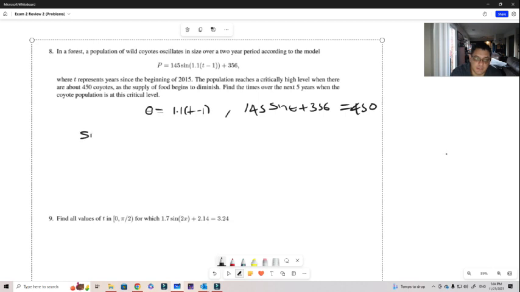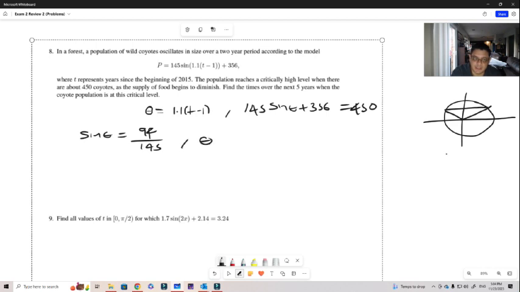If we solve for the sine of theta, we have 450 minus 356, that's going to be 94, and then divided by 145. Again, we have a positive sine, so in the unit circle this means we're getting two angles, one in the first quadrant and one in the second quadrant.